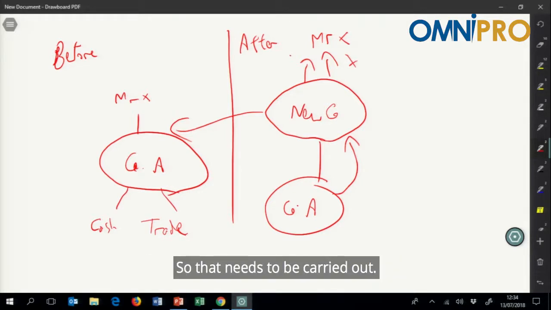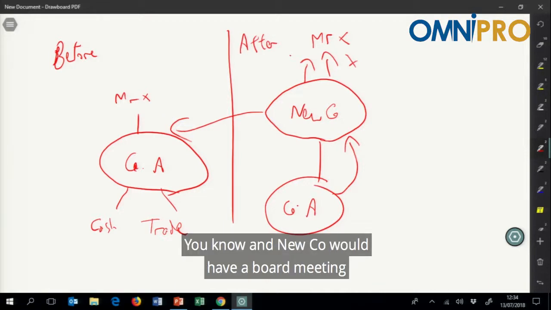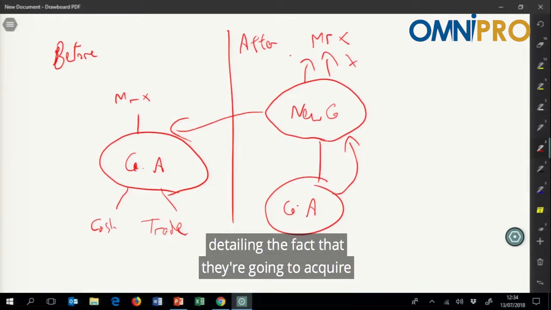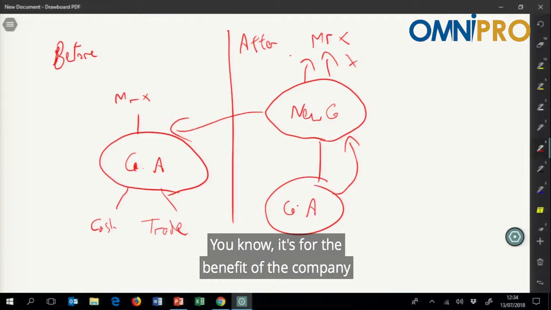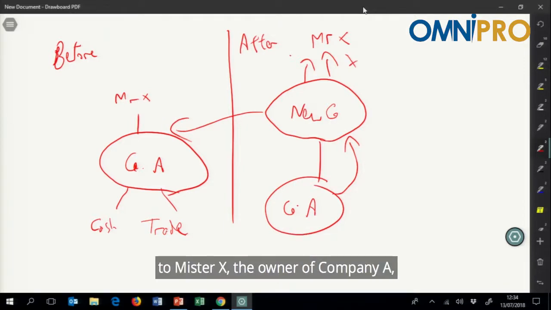NewCo would have a board meeting detailing that they're going to acquire these shares, the reason for it, and that it's for the benefit of the company. They'll agree to send an offer letter to Mr. X, the owner of Company A, to acquire those shares. Company A will then have a board meeting discussing the transfer and that it is in the best interest of the company.